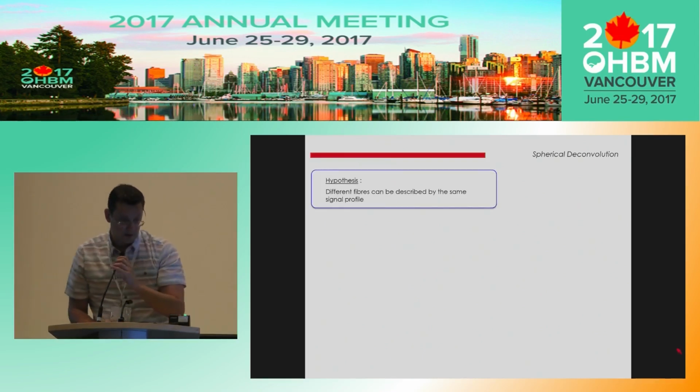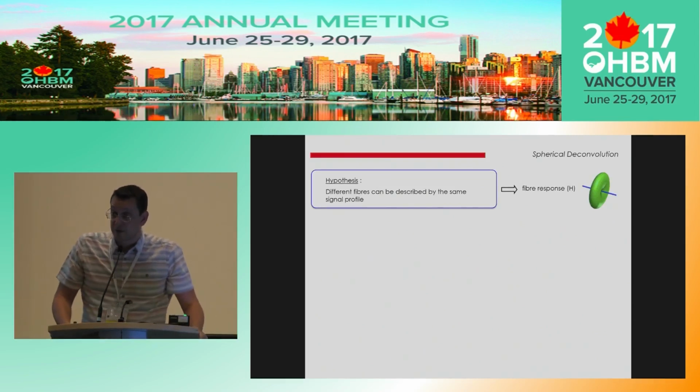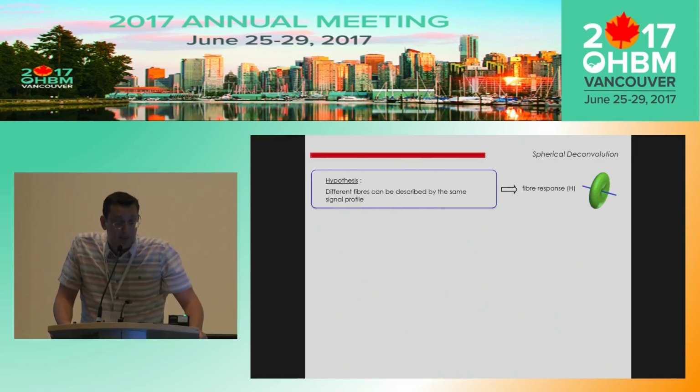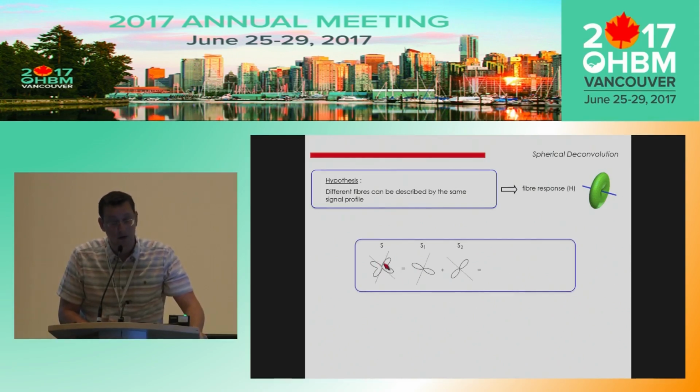The idea of spherical deconvolution is quite simple. Everything starts with the model. The model is this fiber response, and it is essentially our donut. Looking at the signal, for example, two fibers can be seen as a sum of two fiber responses, or as a convolution of this model, the donut, and a fiber orientation distribution.